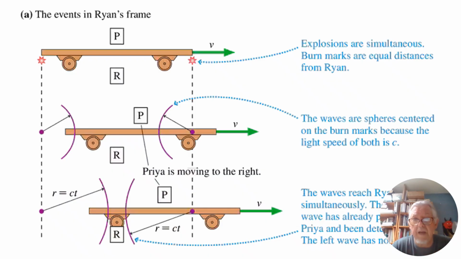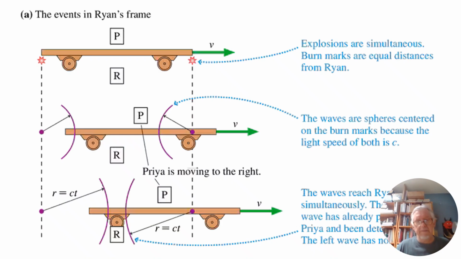So here's what happens in Ryan's frame. The explosions are simultaneous. Ryan detects that the two firecrackers go off at the same time. So he is standing there, and his personal detector says these two things happened at the same time. So that's his observation.